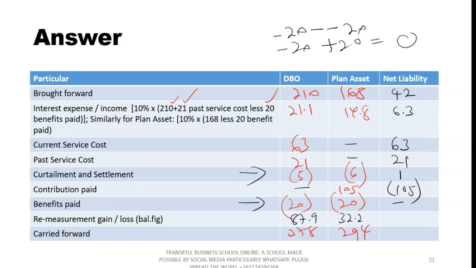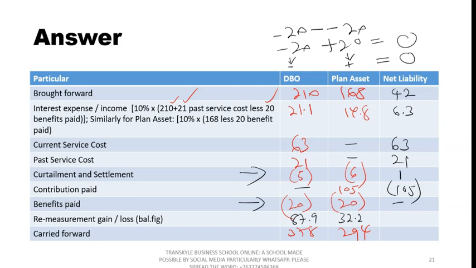The defined benefit obligation has been reduced by 20. The plan asset has also been reduced by 20. This one is a negative and this one is a plus. So obviously the movement on the negative is equal to the movement on the positive, then the resultant impact is going to be a 0. This is why we are putting a 0 there.